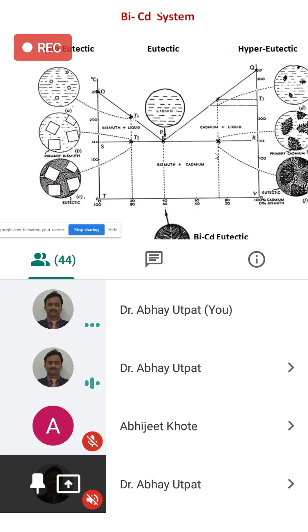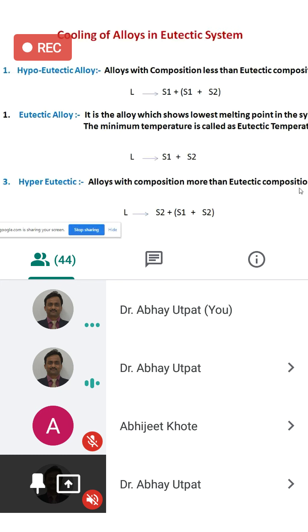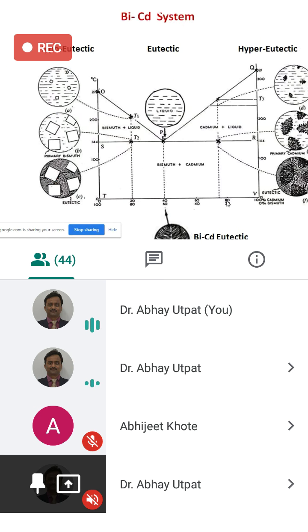Point F, right hand side bottom figure, is showing S2 plus S1 plus S2, like this. See here, hypereutectic, third reaction, S2 plus S1 plus S2. That is the microstructure at the bottom side, third figure.